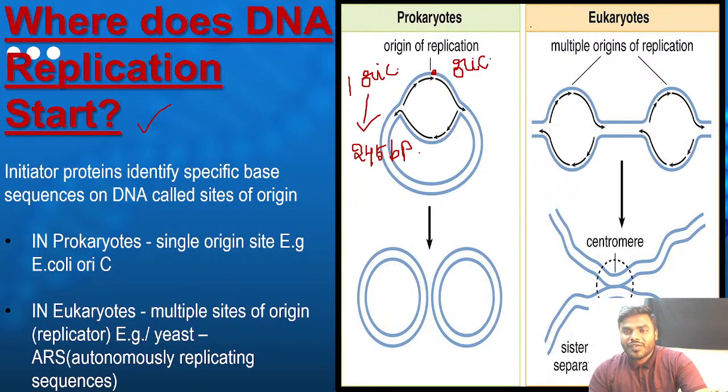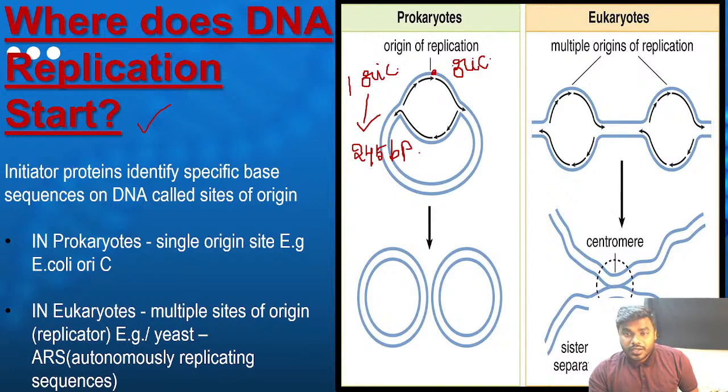And friends, when it comes to eukaryotic organisms, we are very complex organisms. You know very well, our DNA is a very long molecule. Our entire DNA has to be replicated in the S phase. Now listen, DNA is a long molecule, and time is very less.